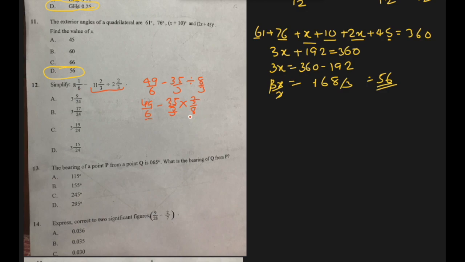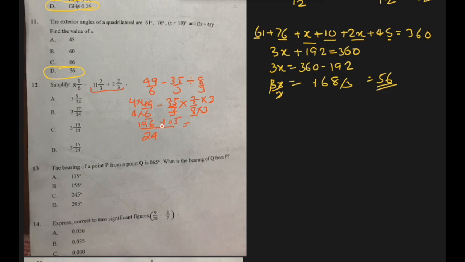The LCM of 8 and 6 is 24. So to make it 24, I have to multiply this by 4 and this also by 4, this by 3 and this by 3. 49 times 4 will be 196 minus 35 times 3 is 105.